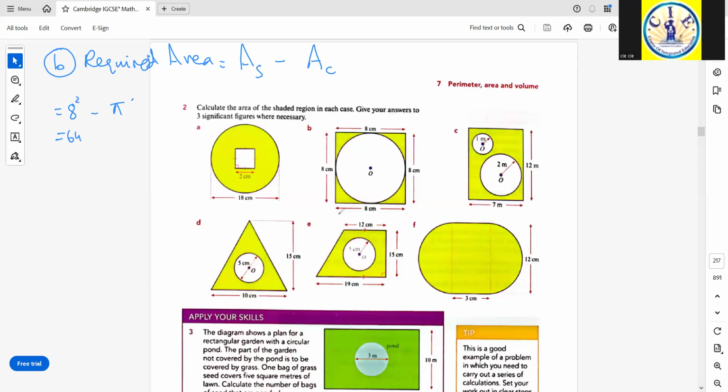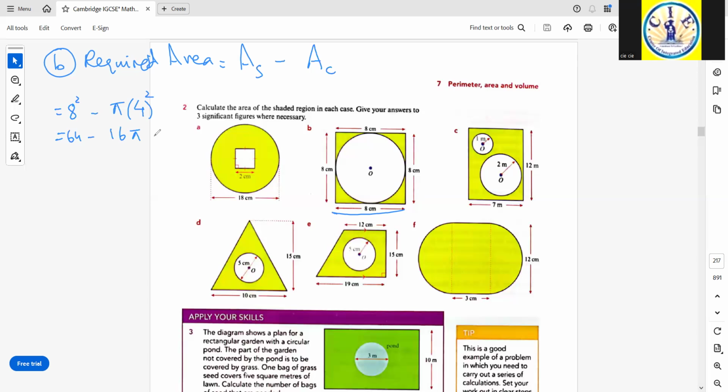In this case, this is the diameter, which is 8. So the radius is going to be half of that, that is 4. So pi times 4 squared, that is 16 pi. 64 minus 16 pi.